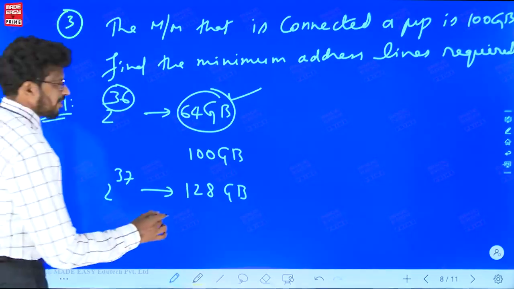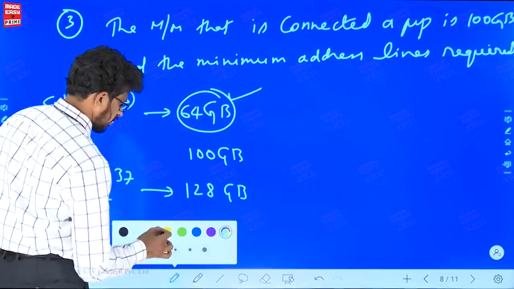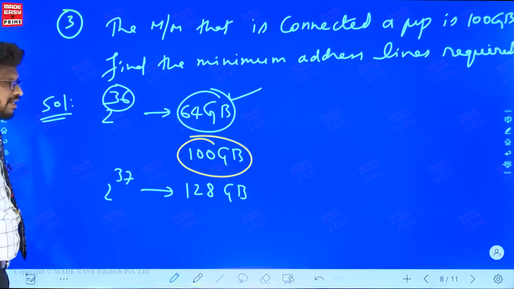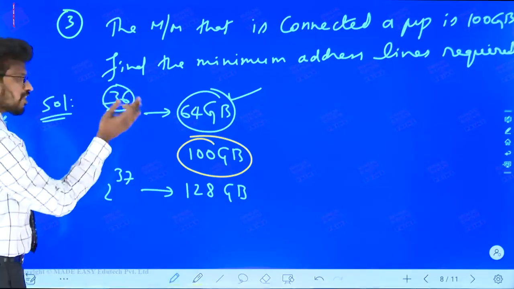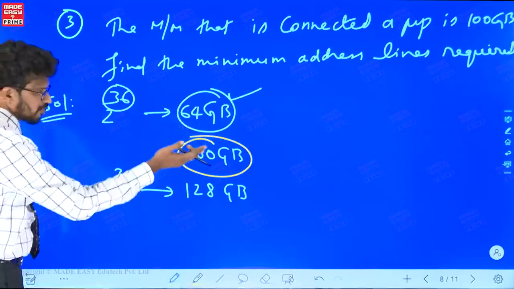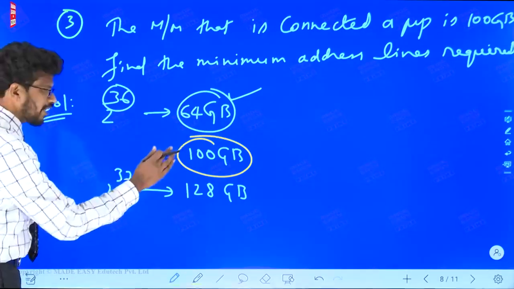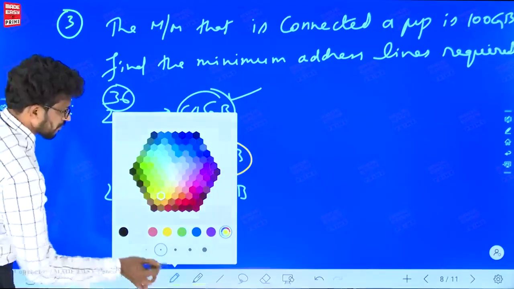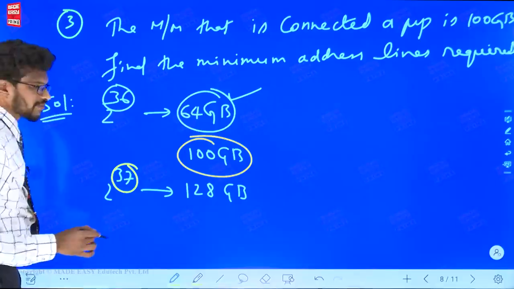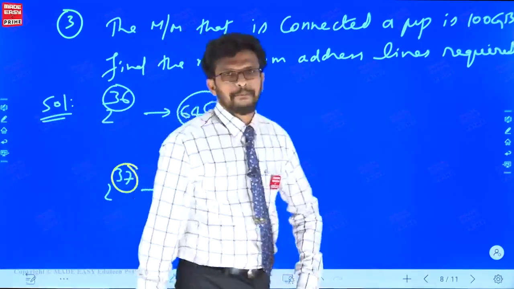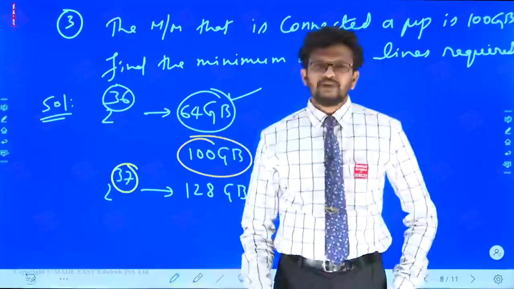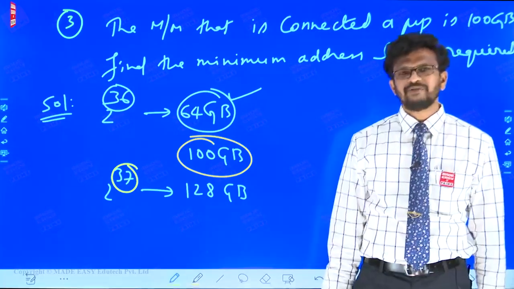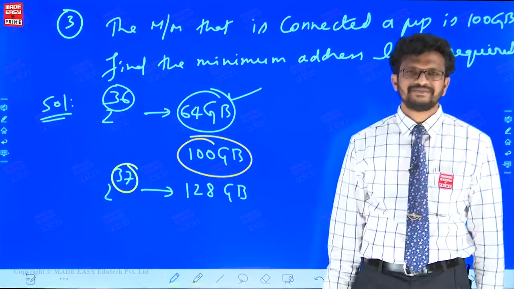But the given target for us is more than 64 GB but less than 128 GB. Above 64 GB till 128 GB, definitely we require 37 lines only. For example, you are watching cricket. Current over is 3.4. Tell me, is 3.4 the third over or the fourth over?